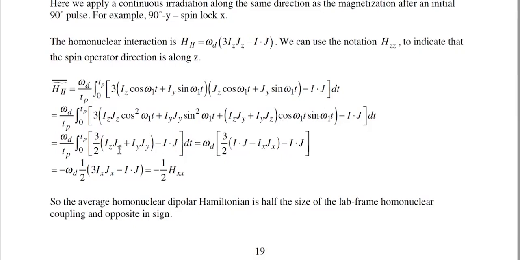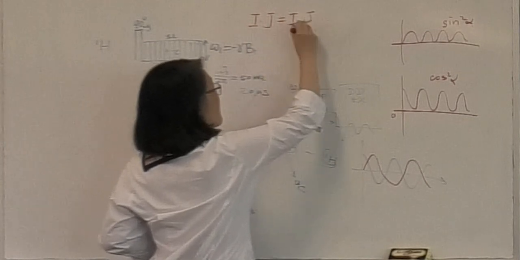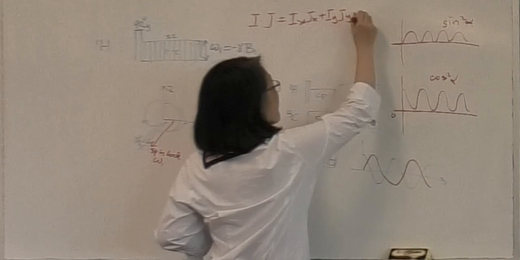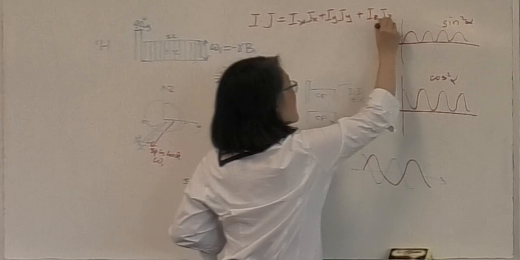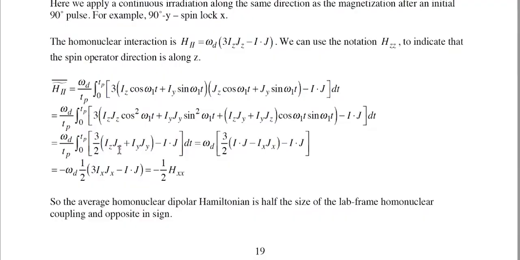Now, what is I dot J? It's a scalar product, and it is the sum of these three terms. If you take that and re-express what happens here, you see that IZJZ plus IYJY is basically I dot J minus IXJX.